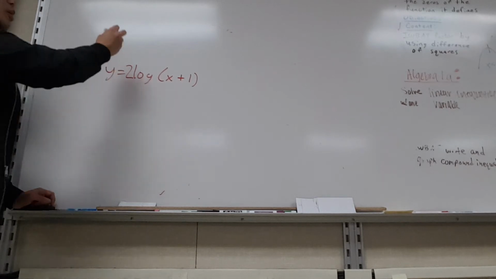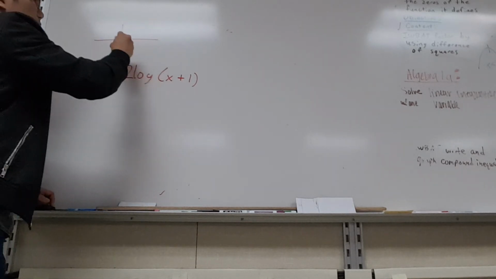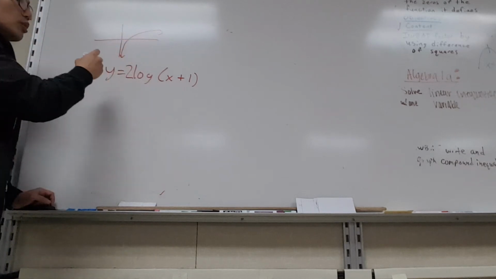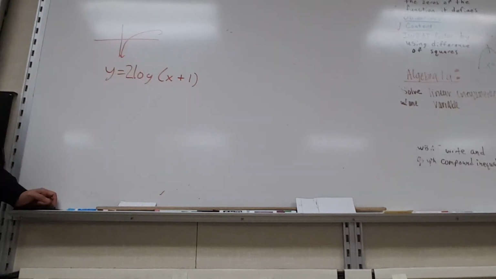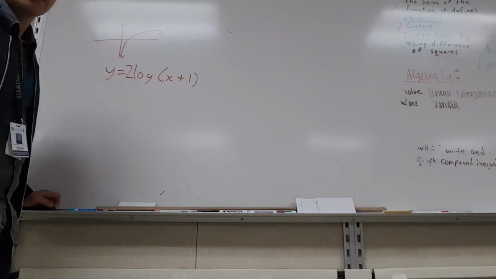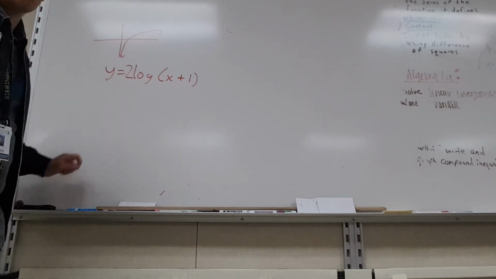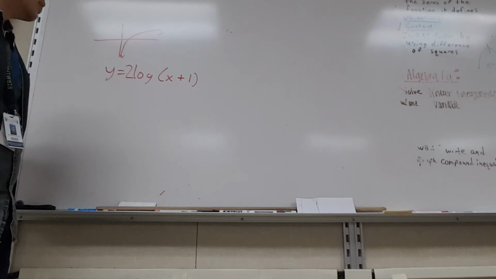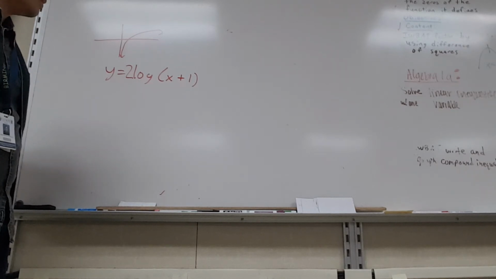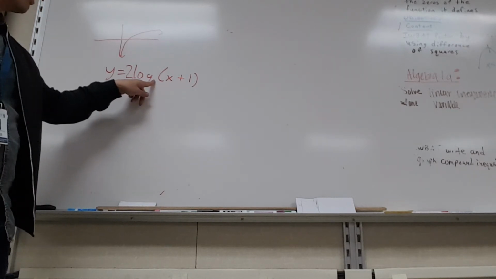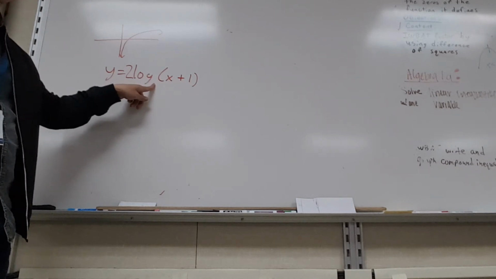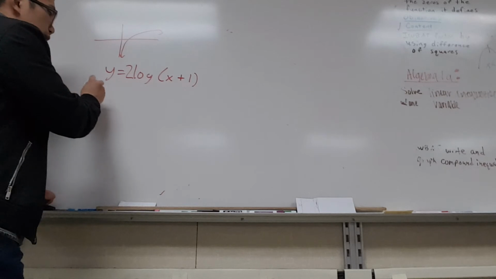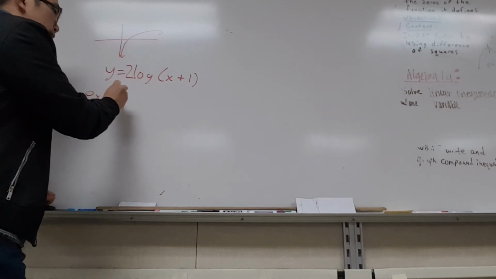Now, I know my logarithm. This is what my original logarithm graph looks like. So you should know what an original logarithm graph looks like and what a regular exponential graph looks like. This logarithm has no base here, so that means it's a base 10. So remember, the way I have you think about this is an exponential with base 10.